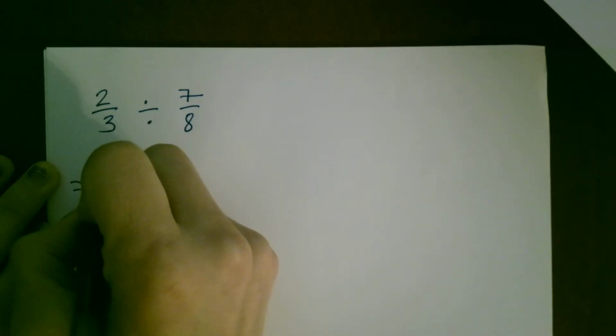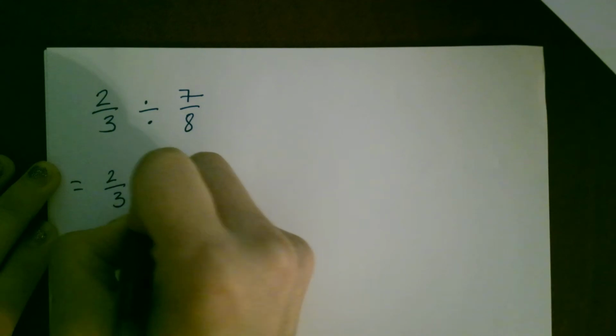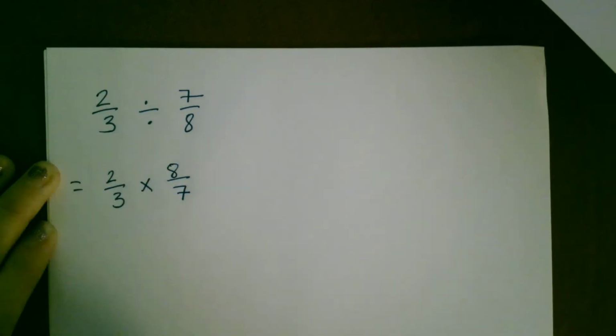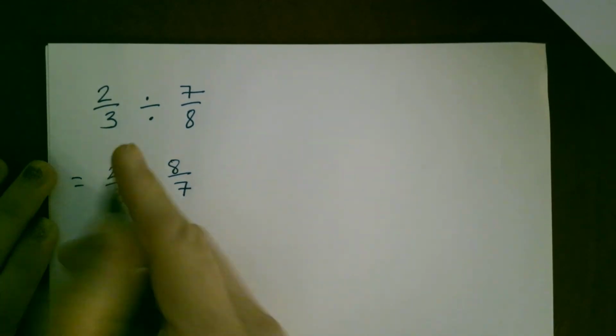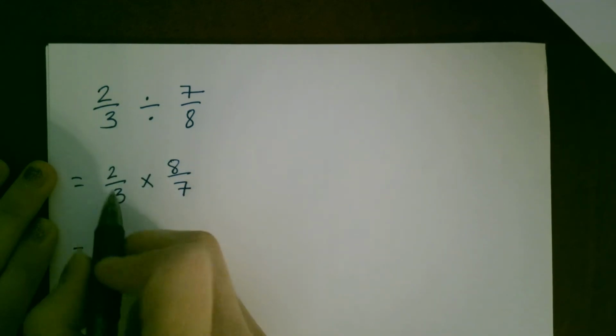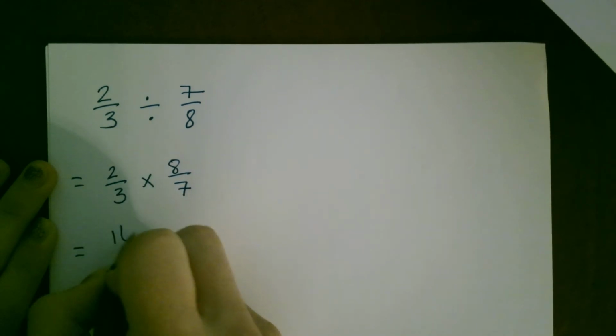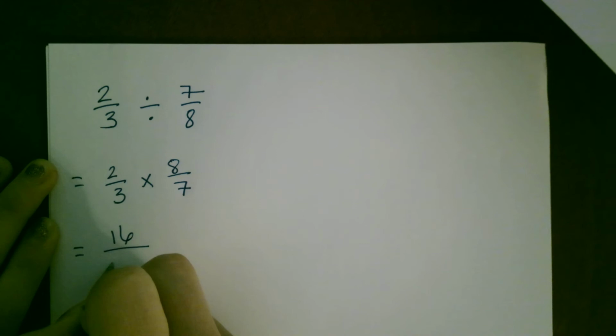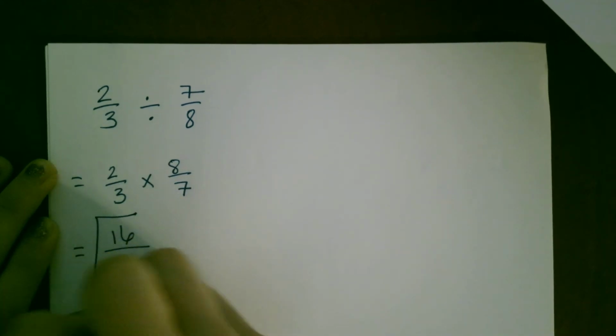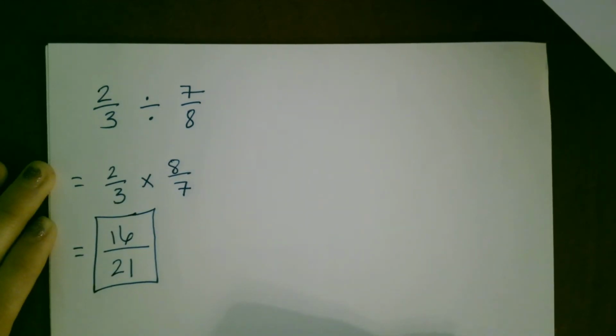So this is equal to 2/3 times 8 over 7. And now this is just a multiplication problem, so I'll multiply straight across. 2 times 8 gives me 16, and 3 times 7 gives me 21. So there's using the algorithm.